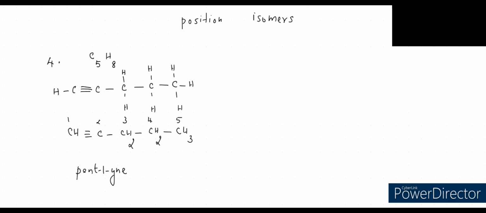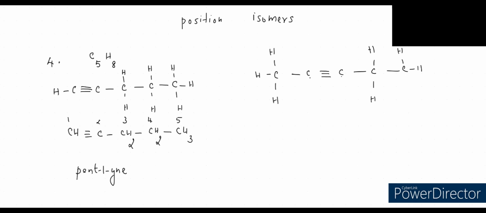Let's try. I'm writing all the 5 carbons one after the other, putting the triple bond between carbon 2 and 3, connecting the rest by single bond. On the first carbon, 3 hydrogens. On the second carbon, no hydrogen. Third carbon, no hydrogen.